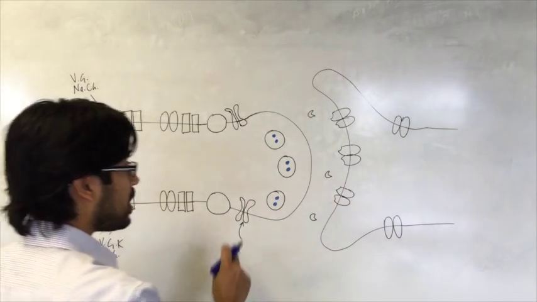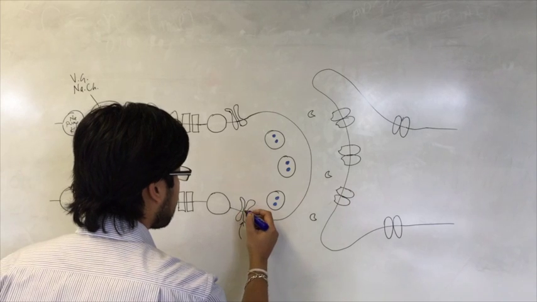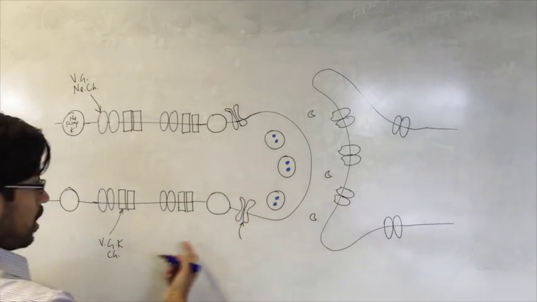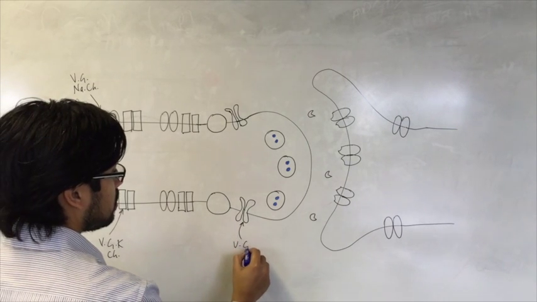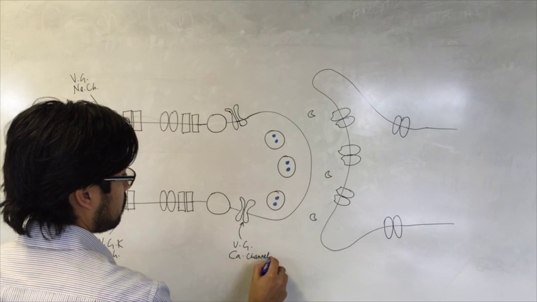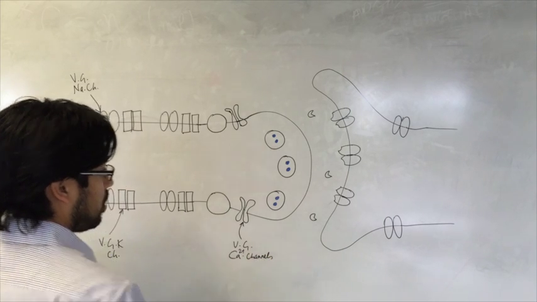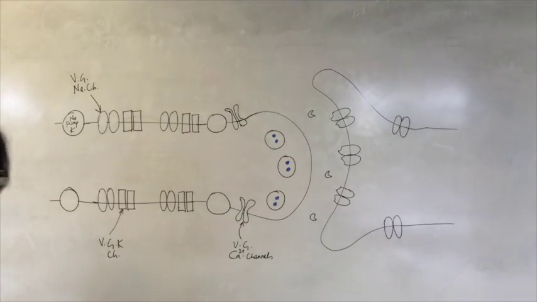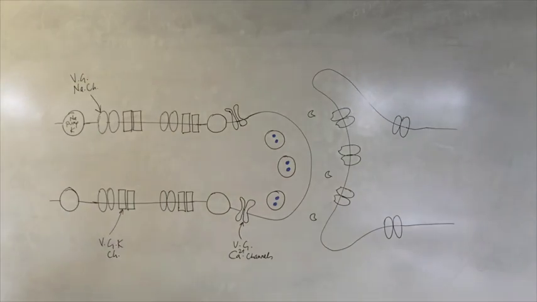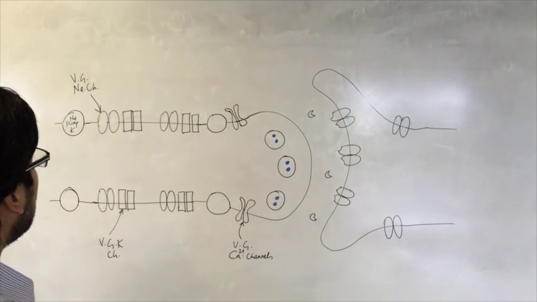I don't know what their shapes are really like. I've just drawn them different so that we can discriminate between them. And these are voltage-gated calcium channels. So synaptic transmission involves the addition of a new ion, calcium, but we'll see how that works.